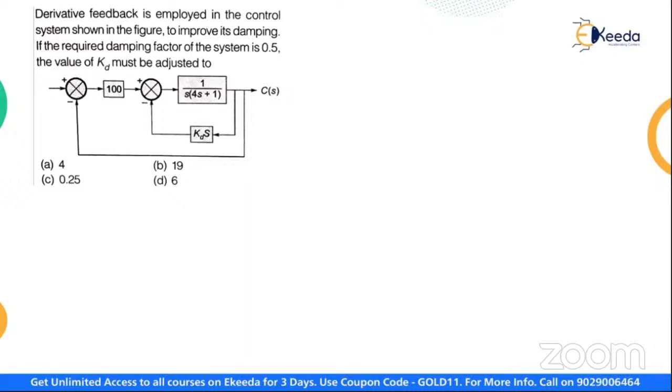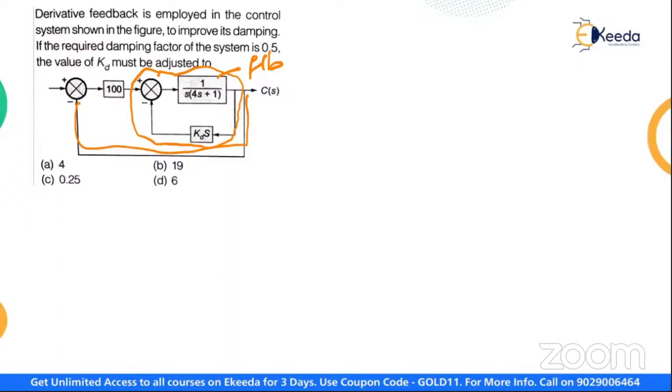So before that, let us simplify the diagram, or rather, let us use the block diagram reduction techniques. If you see this block and then feedback, it is a unity feedback. Similarly, whatever block that we get here will be again in feedback with this one, correct or not?